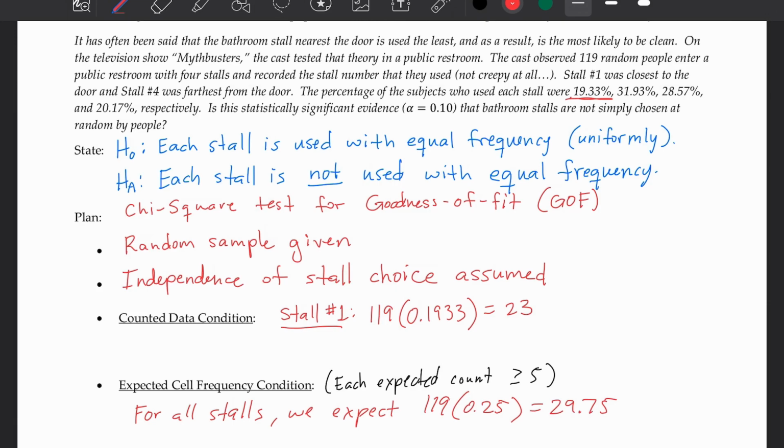Think back to our binomial geometric distribution stuff when we talked about expected value. Having a decimal makes sense because you're thinking about in the long run. It doesn't really make sense for a single sample to have decimal counts in this particular case, but in the long run, we could expect about 29.75 people per stall, which is definitely bigger or equal to 5, so we check that off.